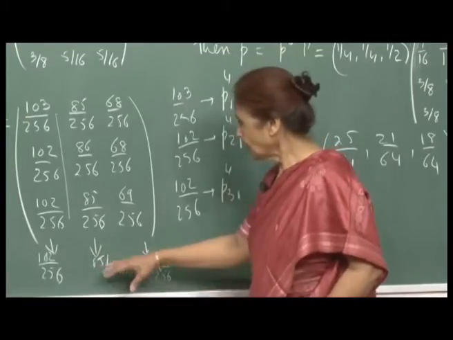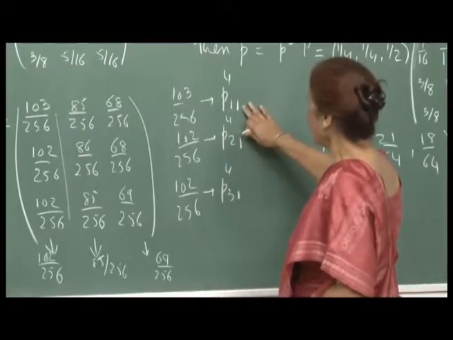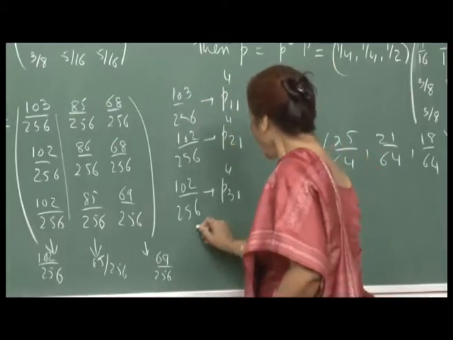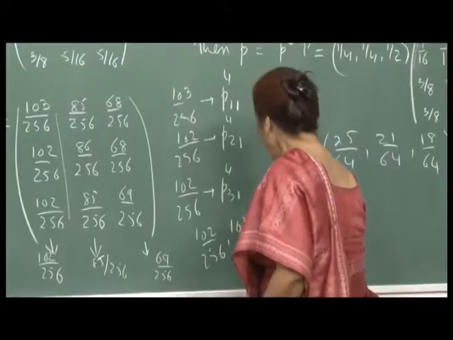Of course, right now the probability of being in state 1 after 4 transitions is hovering around 102 upon 256, which is a more exact statement.